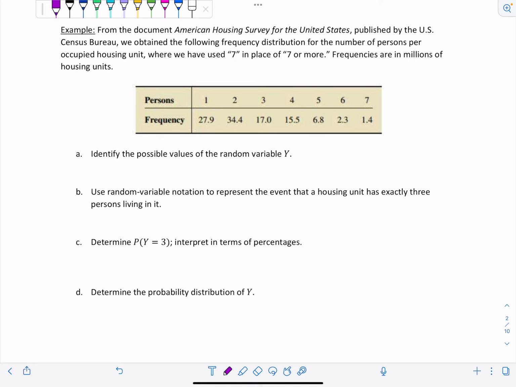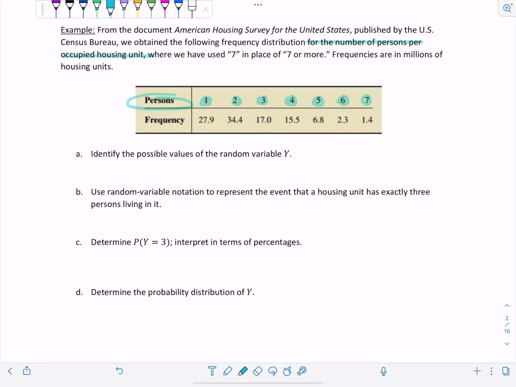Frequencies are in millions of housing units. So identify the possible values of the random variable Y. And here, what we're measuring is the number of persons per occupied housing unit. Persons. That's what we're measuring. So these are the values that Y can take on.